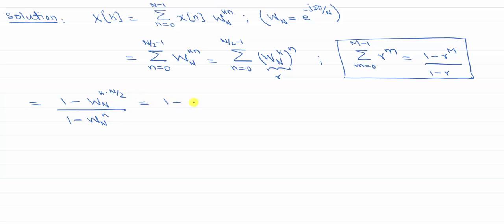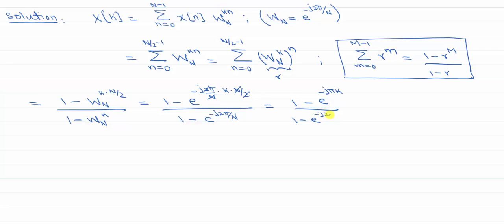I'm going to expand that. That will be e to the minus j 2 pi over N times k times N/2 over 1 minus e to the minus j 2 pi over N k. Now here these two N's cancel. I get 1 minus e to the minus j pi k over 1 minus e to the minus j 2 pi over N k.